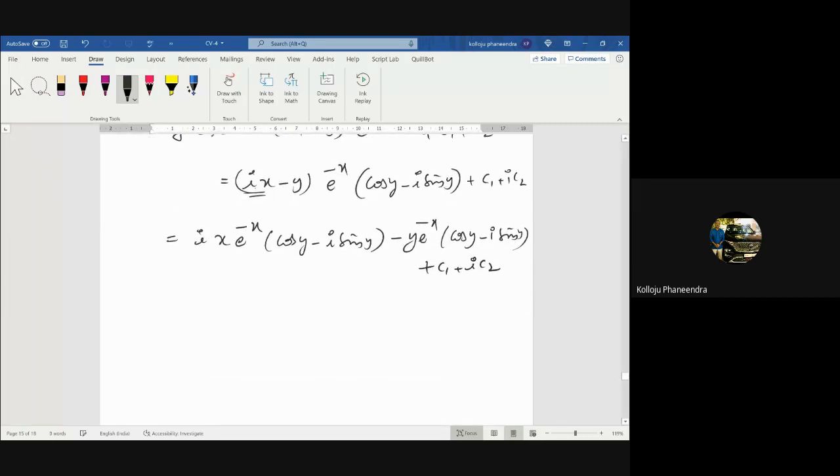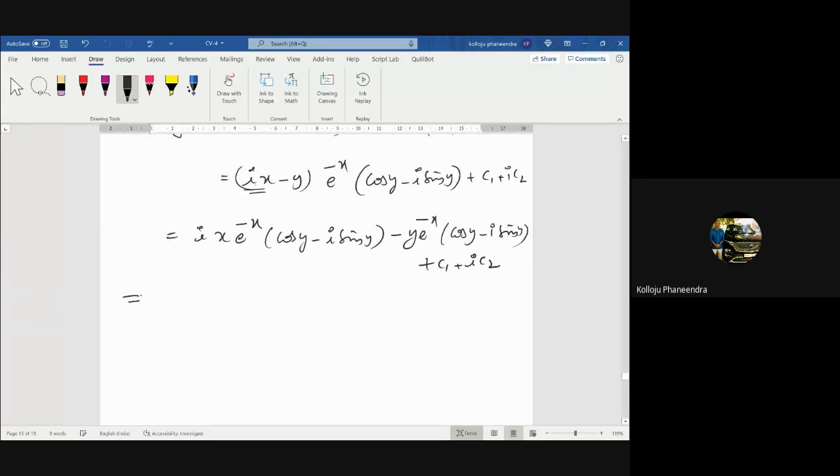C1 plus i c2 is equal to, separating real and imaginary parts: ix e to the power of minus x cosine y, i square is minus 1, so x e power minus x sin y minus y e power minus x cosine y plus i y into e power minus x sin y plus c1 plus i c2.